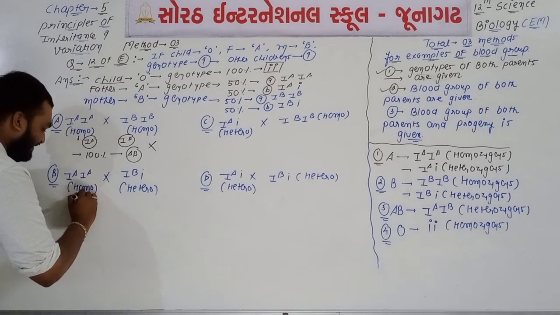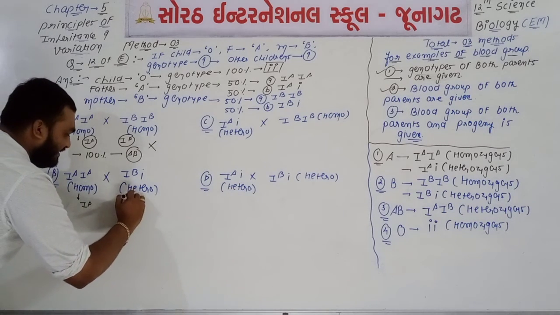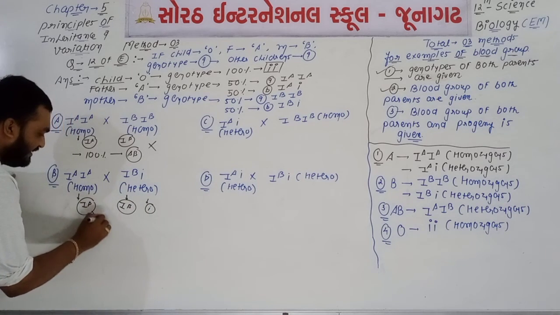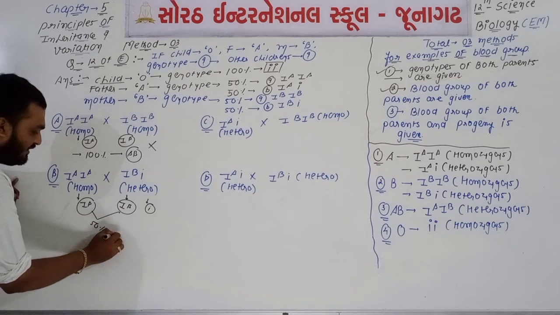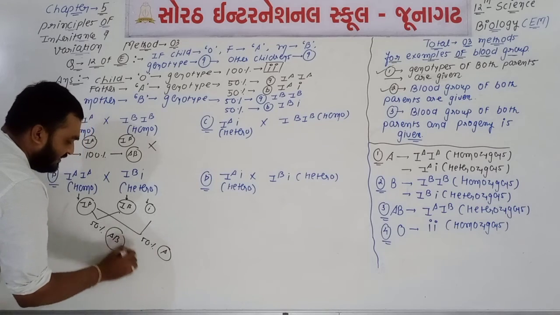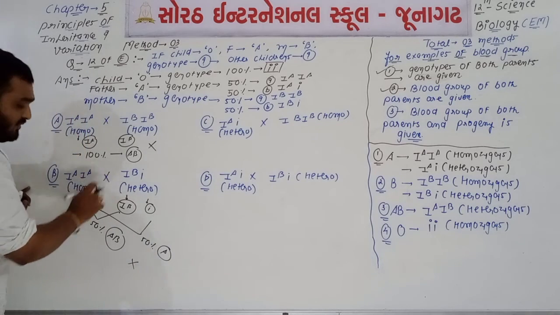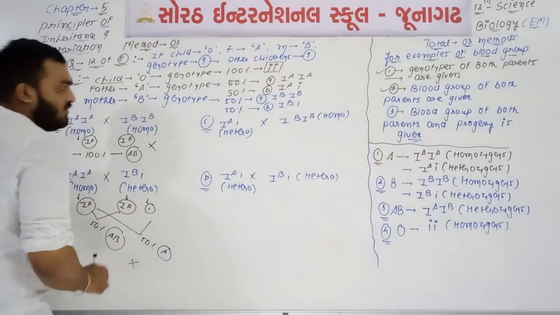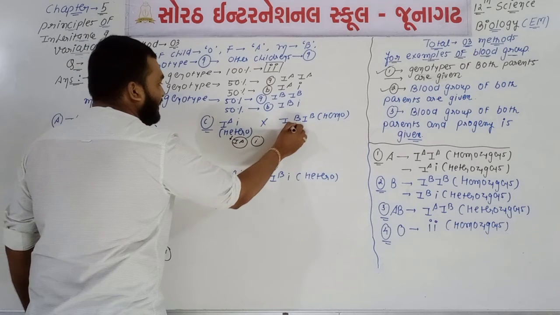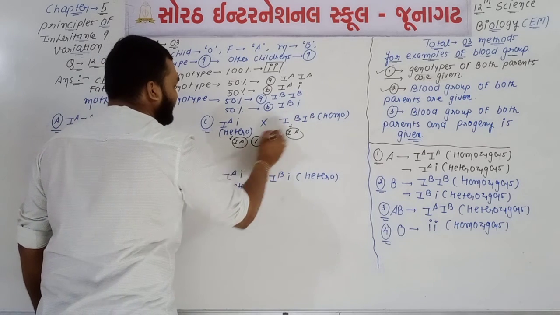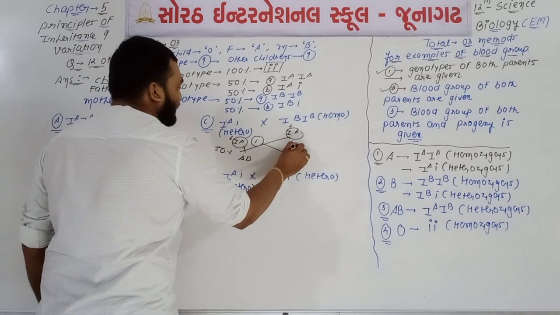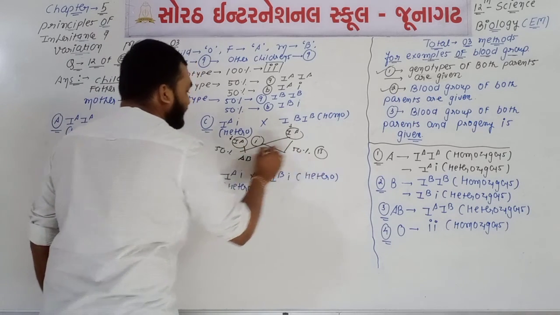Now IA is the gamete, and IB and small i are the gametes, so 50% blood group AB and 50% blood group A. It is not possible, because the blood group of the child is O. Here IA and small i with IB: 50% chances of blood group AB and 50% of blood group B. This is not possible.